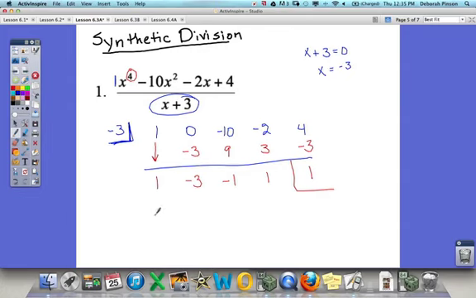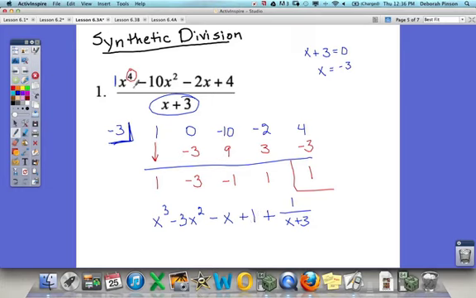So this is my x to the third, so I have 1x to the third minus 3x squared minus 1x plus 1, and this is my remainder. So I'm going to write it as a fraction. Synthetic division, didn't I tell you that you were going to like it?